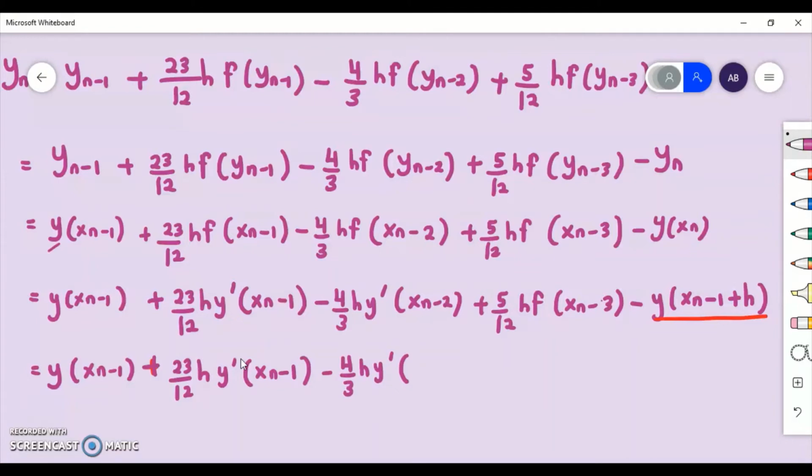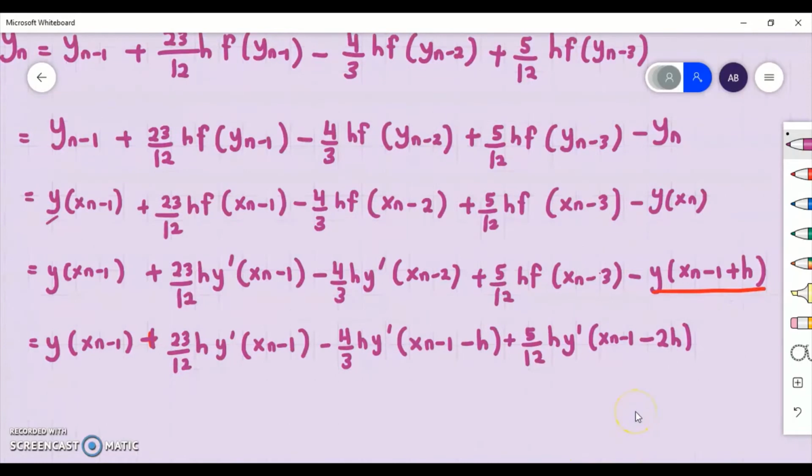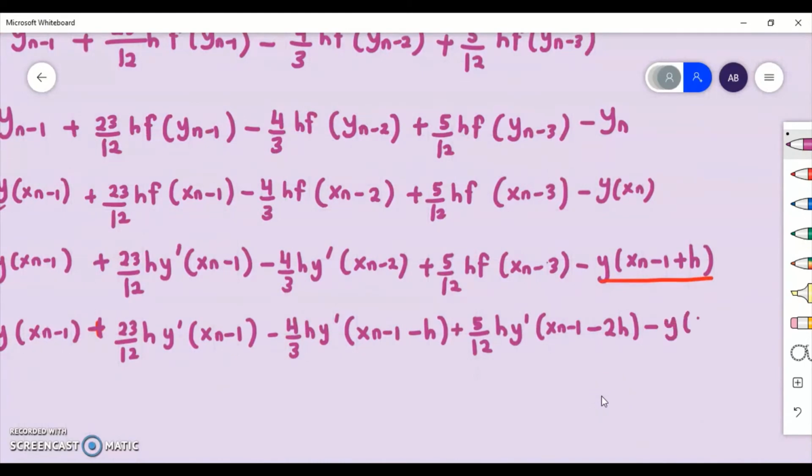Now this term here, I want to write as x_{n-1} minus h. So the idea is I want to transform every term in this bracket into the form of x_{n-1}. Then we can have some cancellations out. So it will be 5 over 12 h y prime of x_{n-1} minus 2h. Okay, and then this term here as it is. So we have y of x_{n-1} plus h.